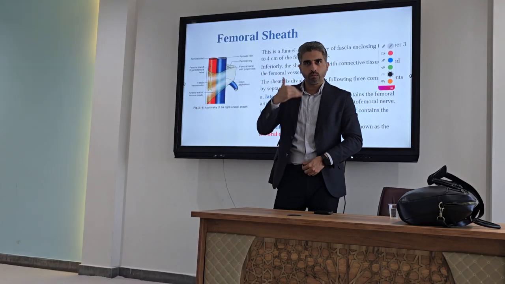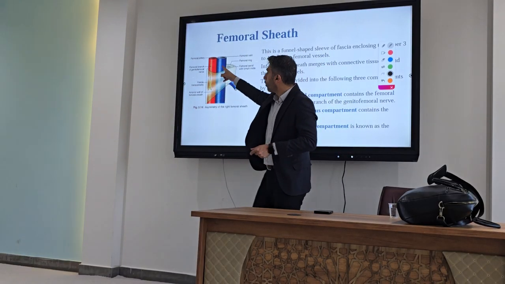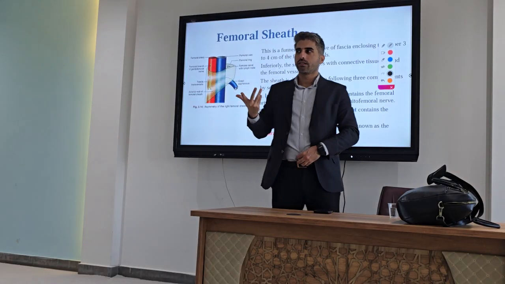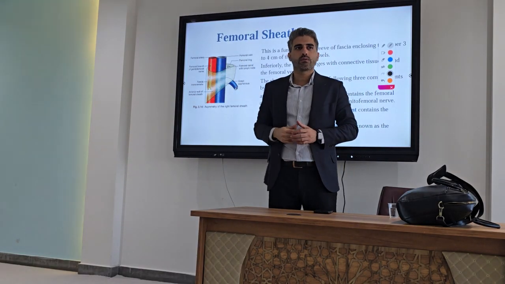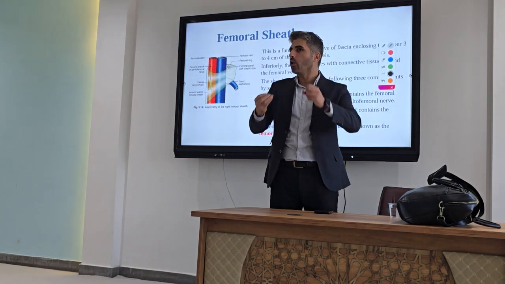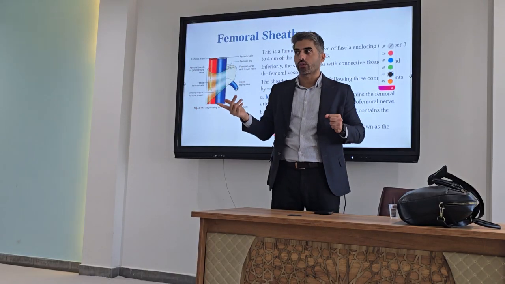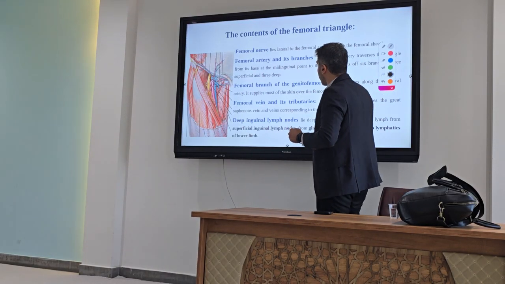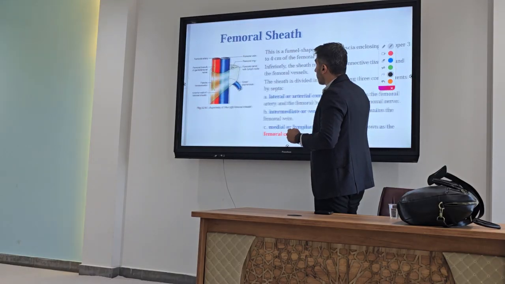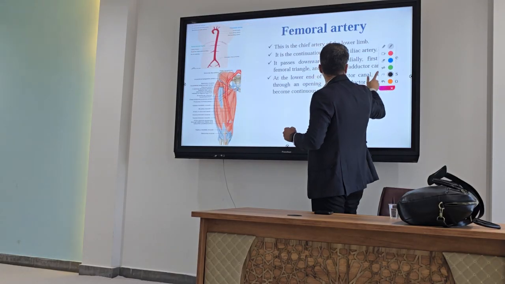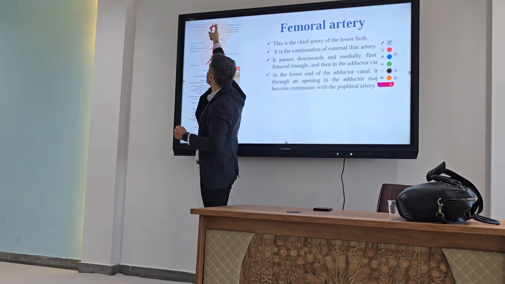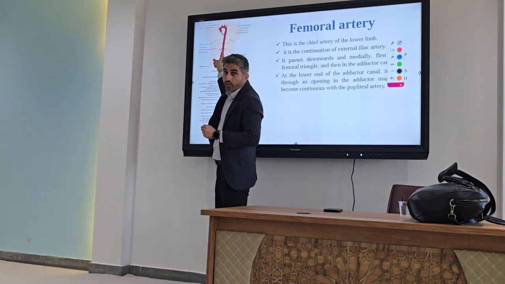So now my question, what is the origin of the femoral artery? Very wise answer. All of the arteries start from the aorta, but not directly. Guys, look here. The aorta has the ascending aorta, aortic arch, and descending aorta.